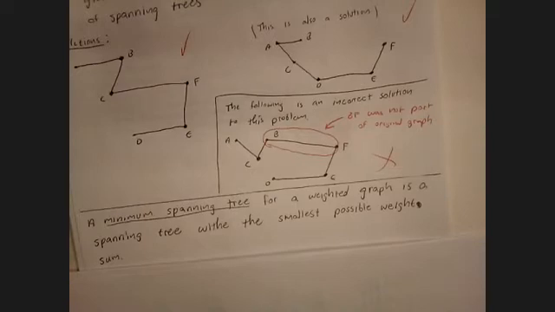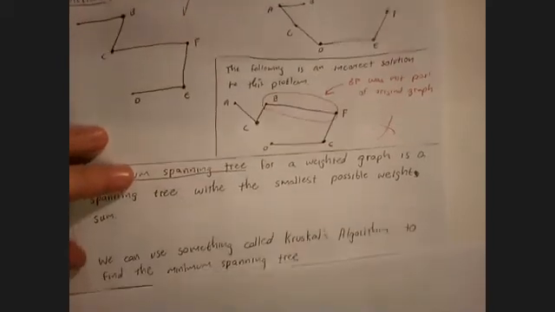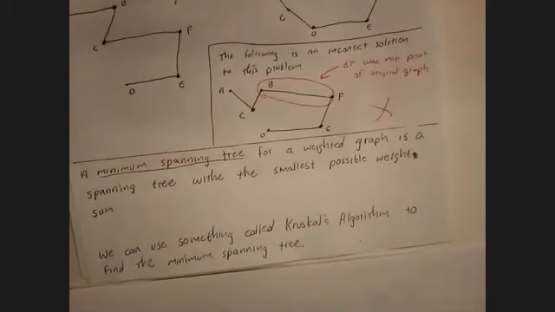Okay. Kind of reminded me of the nearest neighbor. It's not quite the same, but we're still trying to minimize things. And we can answer that question by using Kruskal's algorithm to find that minimum spanning tree. So Kruskal was a recent mathematician.